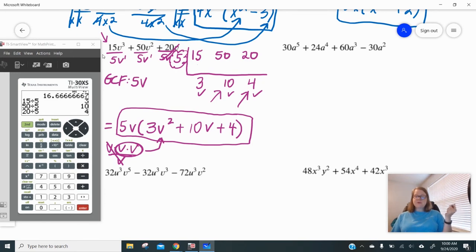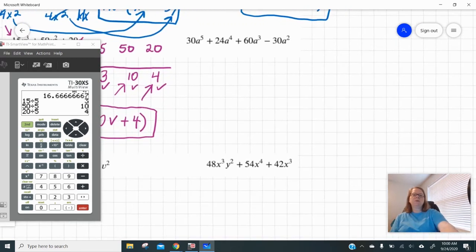So that's kind of cool because, think about your 5s, 5, 10, 15, 20, 25, 30, 35, 40. All those numbers end with a 5 or a 0. So if all your numbers in the problem end with 5 or 0, you can go ahead and just know, well, I can at least divide by 5. And then I can look at those smaller numbers and think, okay, is there anything there that I can divide now? An additional number. Okay. And we're going to see that in some of these.